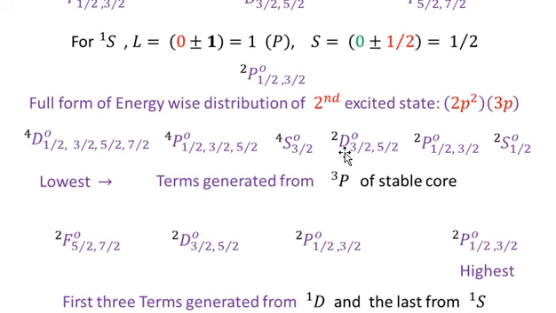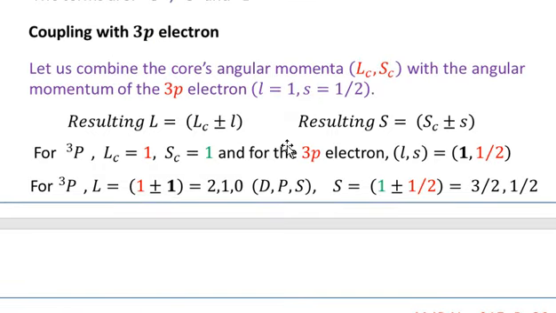The maximum value, D with L equal to 2, will be arranged first, then the lower value of L, which is L equal to 1 for the P term, and then the lowest value of L will be arranged energy wise. So you see that these terms have been arranged from left to right. The left terms have the lowest energy, whereas the term on the right has the highest energy. And these six terms are the terms which were obtained from the 3p electron.